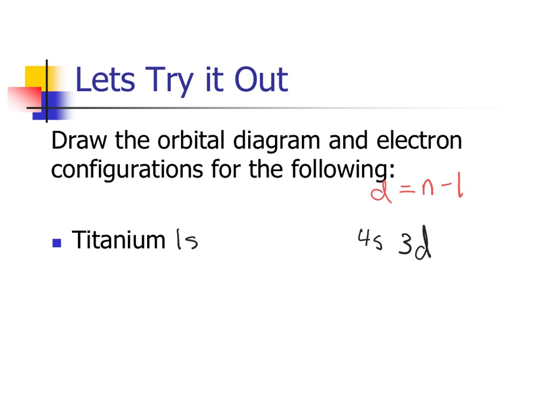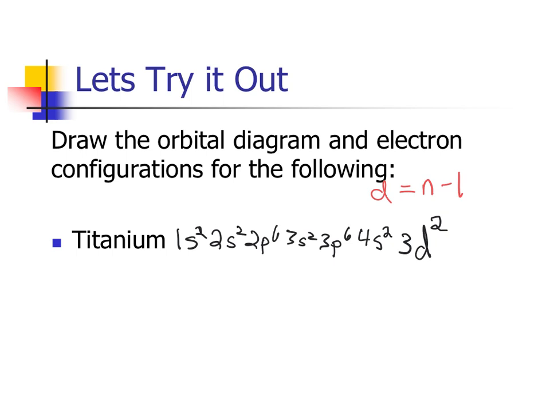By starting with 1s2, 2s2, 2p6, 3s2, 3p6, 4s2, 3d2, because it's the second one in on the D block.